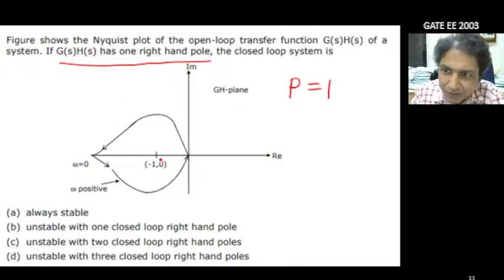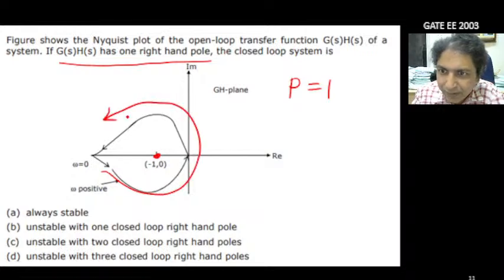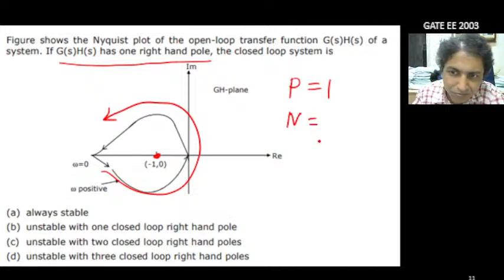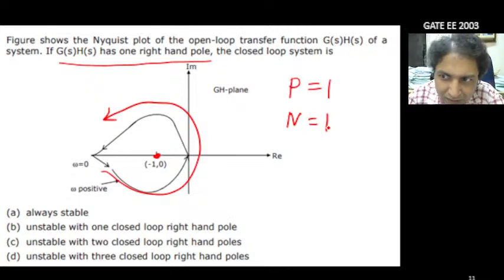This is the -1 j0 point. This is the direction it is enclosing. So this anticlockwise thing we have considered n equals positive. It is enclosing one time, so n is also 1.